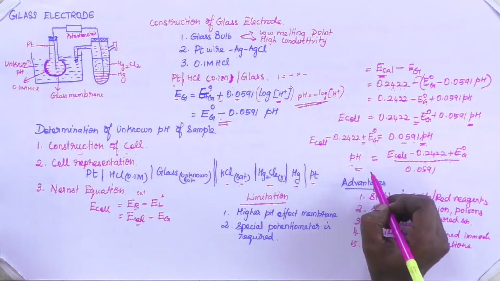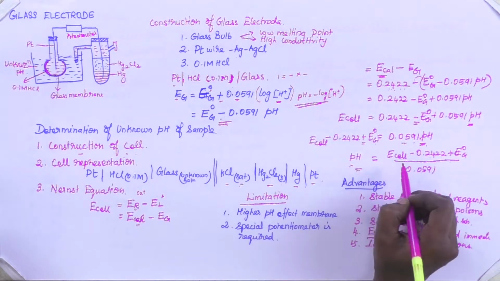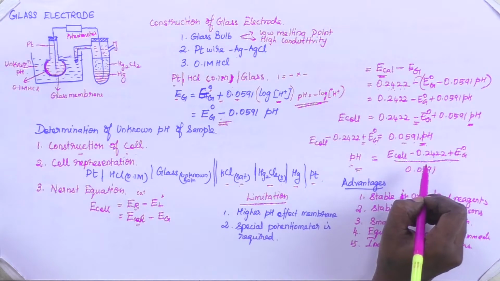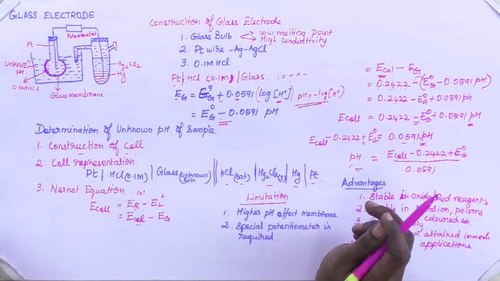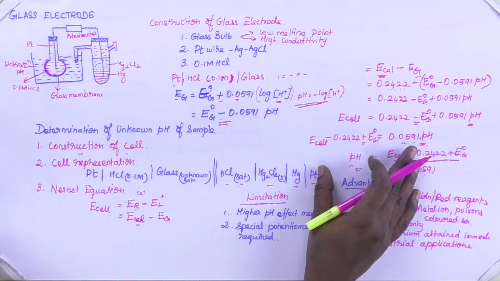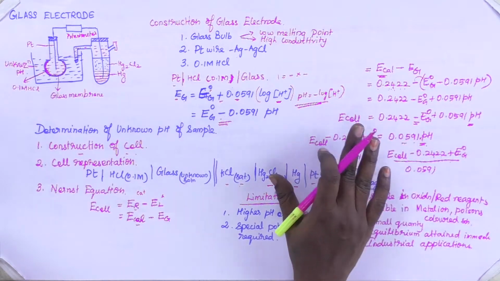So the pH of any solution can be estimated using this equation. In this way, the glass electrode is very advantageous for finding the pH of a sample solution.